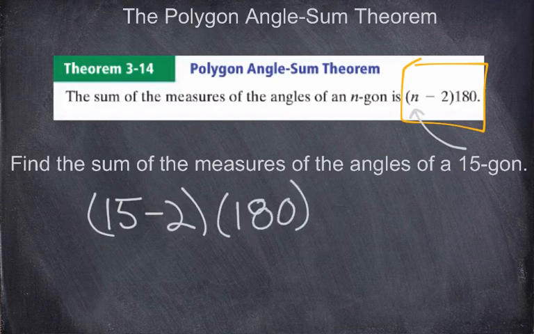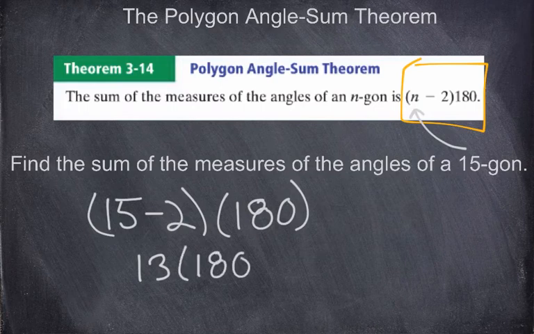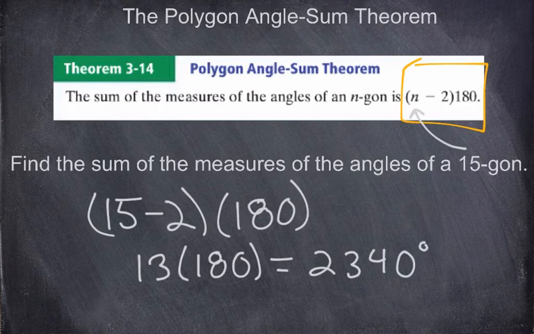So therefore, 15 minus 2, times 180 is equal to 2,340 degrees. So if you were to take a 15-gon, whether it's regular or not, if you were to add up all the measures of the interior angles, you will get 2,340 degrees.